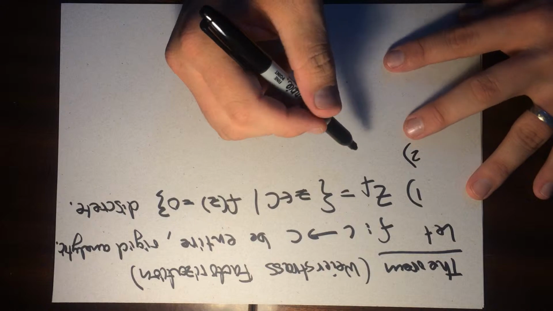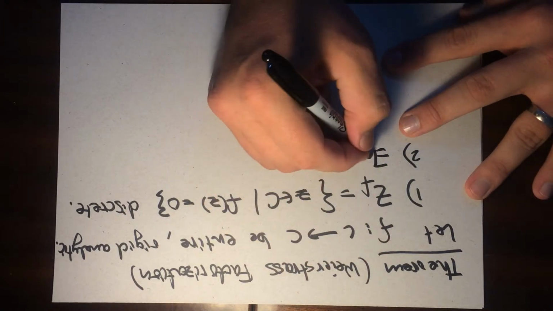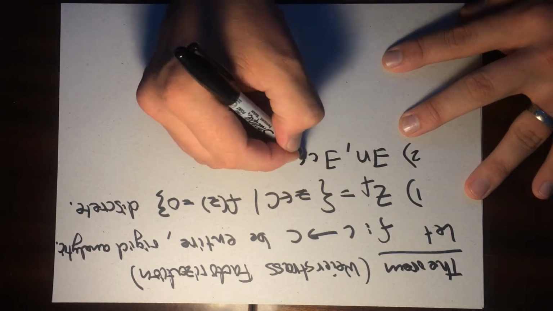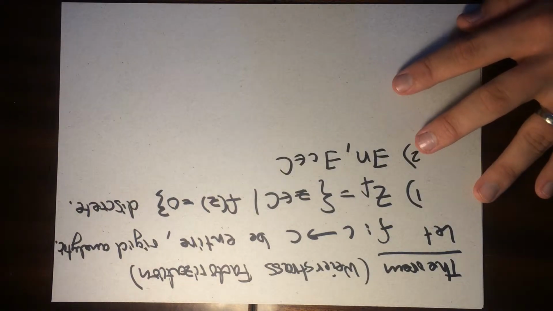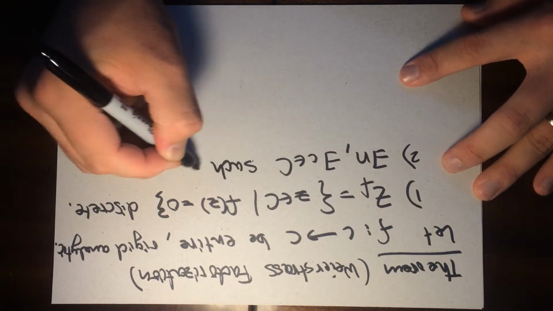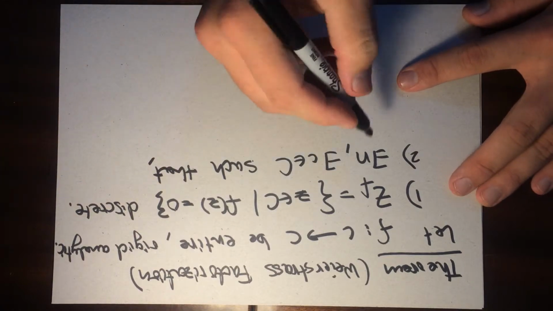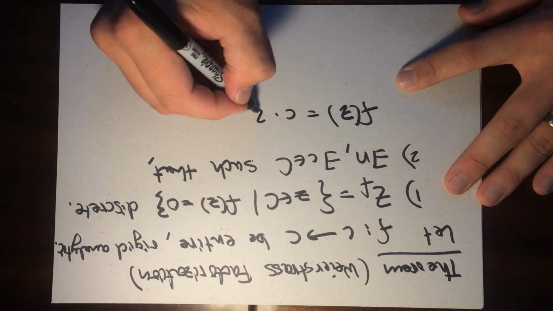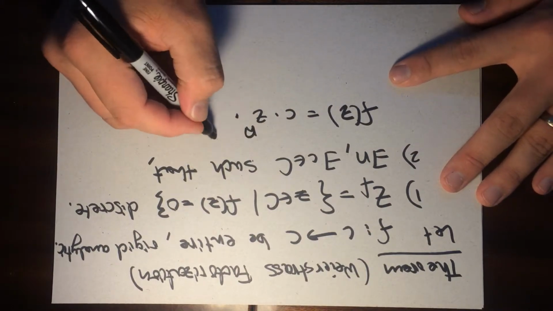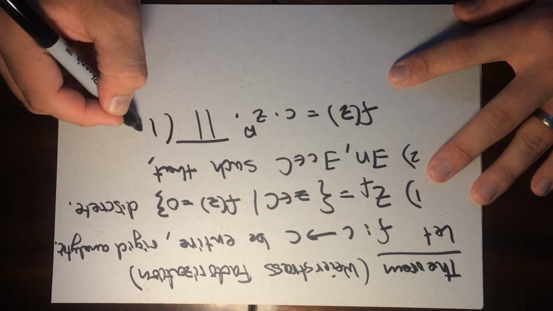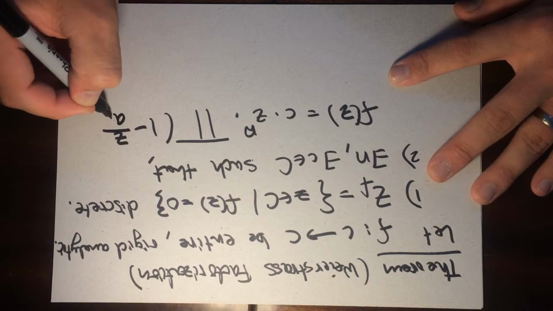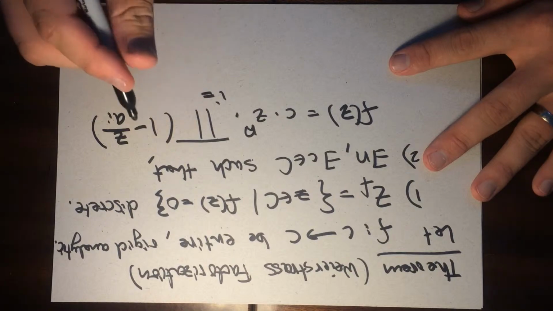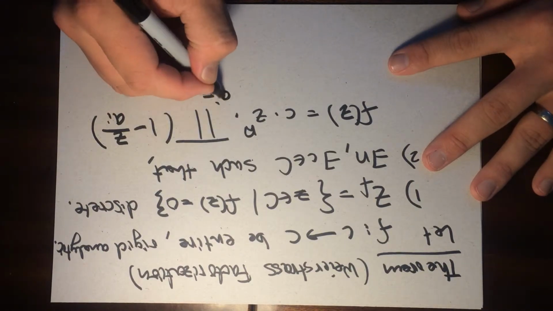And the second thing is that for every one of these entire functions, there exists an n, a natural number, and there exists a constant in the rigid analytic complex numbers such that the following holds: f of z looks like the constant times z to the power n, times this product, 1 minus z over a_i, where a_i is not equal to 0.